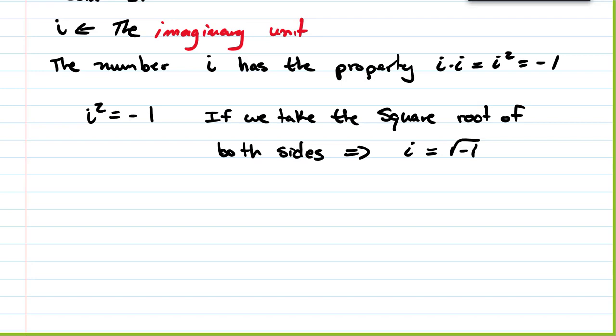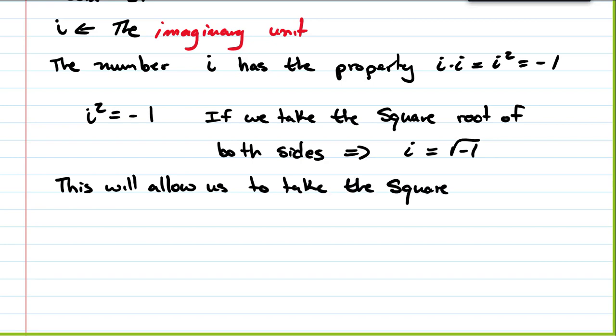So the imaginary unit can also be defined as being the square root of -1. This will allow us to take the square root of negative numbers.